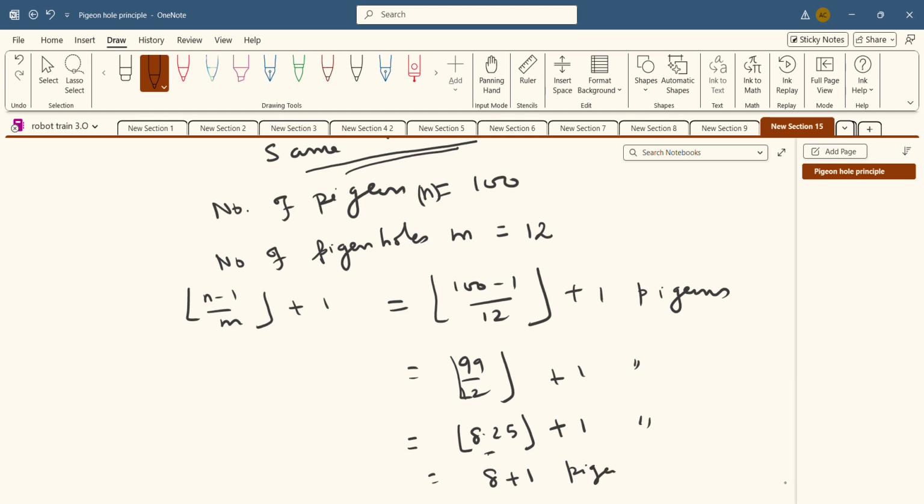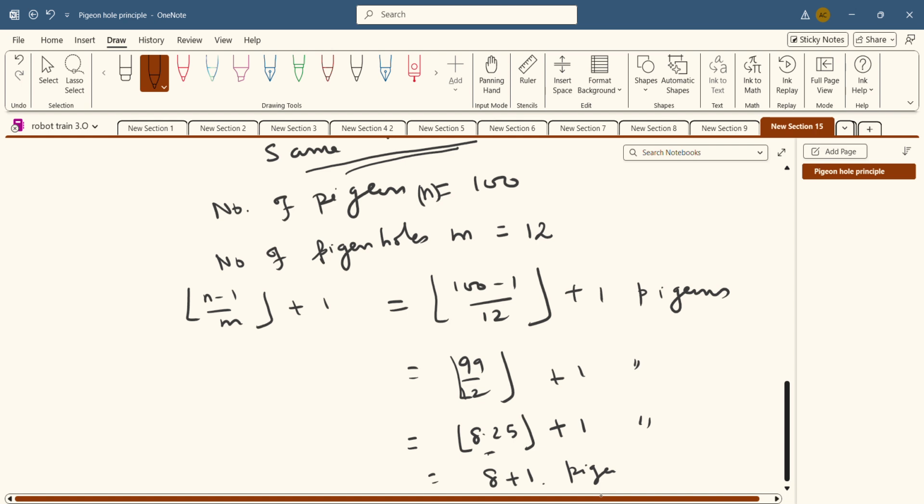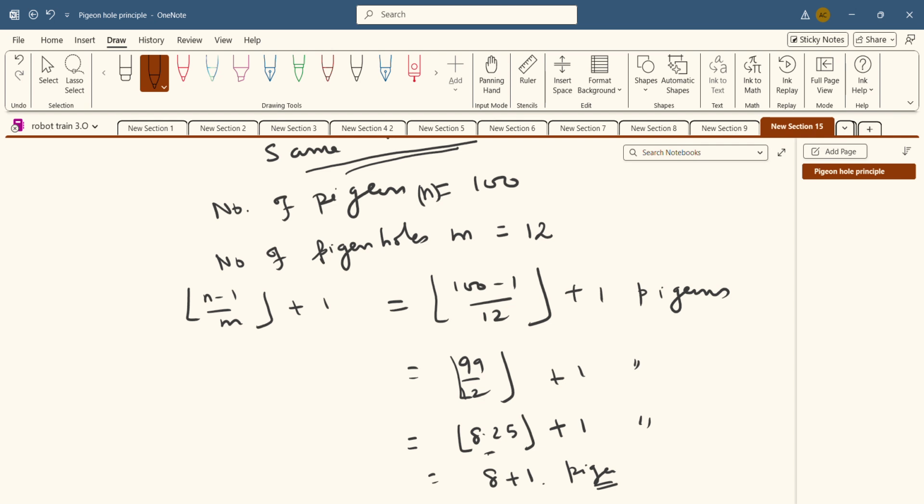According to the generalization of the pigeonhole principle, 100 people accommodated in 12 months must contain at least 9 people born in the same month. Thank you.